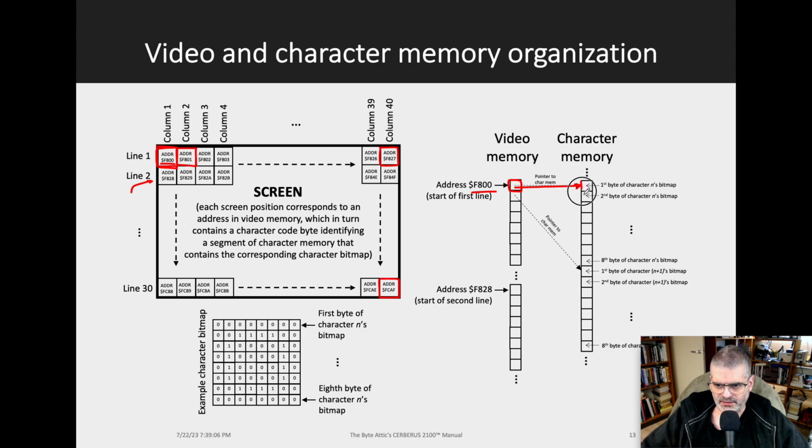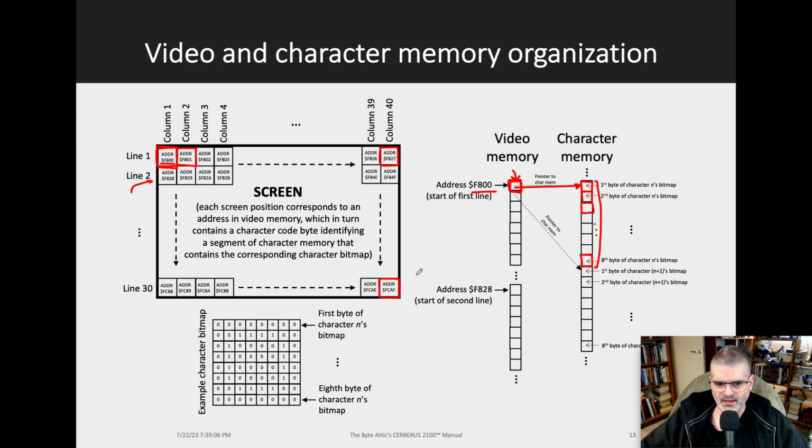That position in character memory will have the first byte of the character that is occupying this screen position, given by this address in video memory. The address after that in character memory will have the second byte of that character, after that the third byte, and so on, until we get to byte number 8. So all of these addresses contain the bitmap of the character present in this position on the screen.